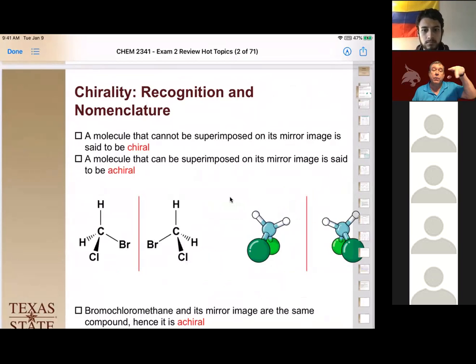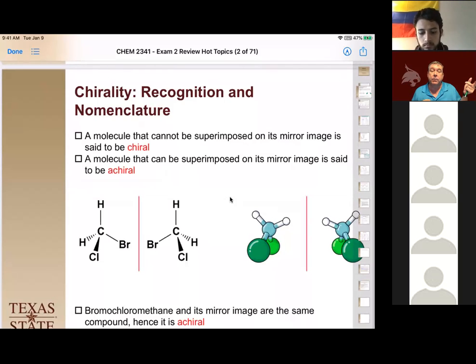Now, whenever you draw your structure, you should be able to draw a mirror plane and draw the mirror image. And when you draw that mirror image, if they're non-superimposable, they are chiral. If they are superimposable, they are achiral or not chiral. Okay, and remember that chiral compounds have an optical activity associated with them.